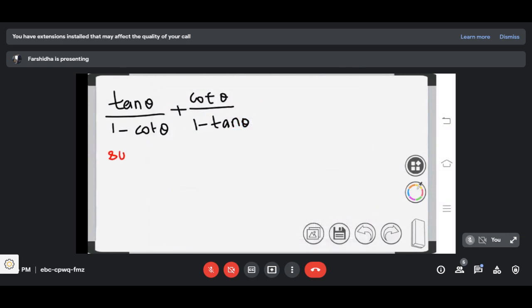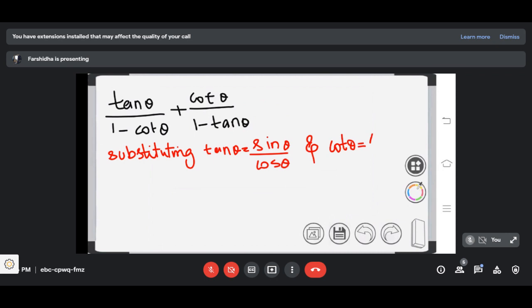So below write down substituting tan theta is equal to sin theta by cos theta and cot theta will substitute as cos theta by sin theta. So we'll replace tan by sin and cos, cot by cos and sin.